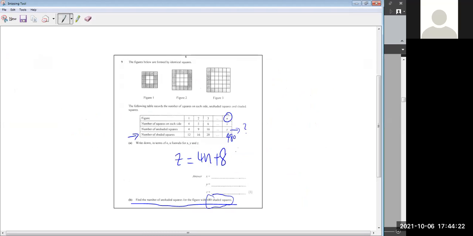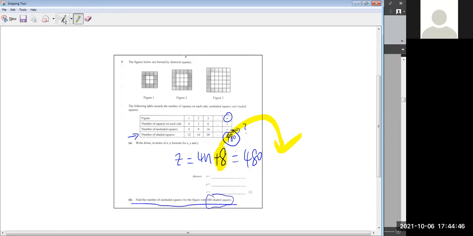So z equals 4n plus 8, and now they say 480 is which n? So you just equate it to 480. Then with this, you can find out the n already. We are doing the same thing here. I have the plus 8 here. I want to bring it over.